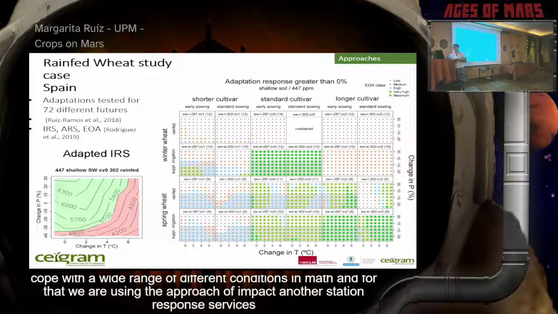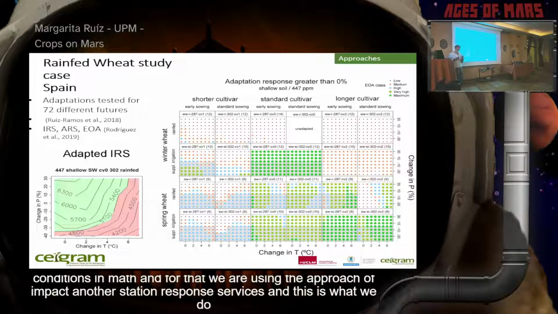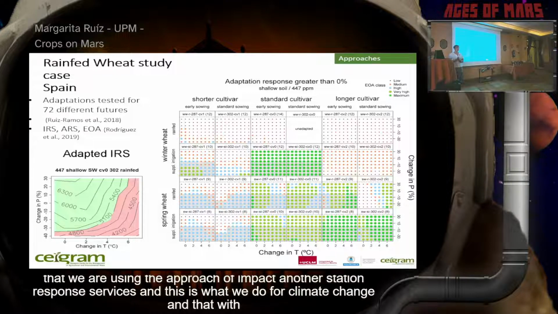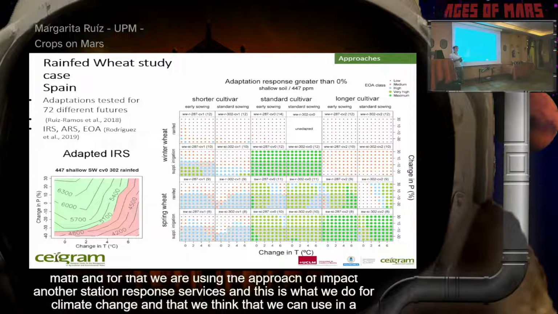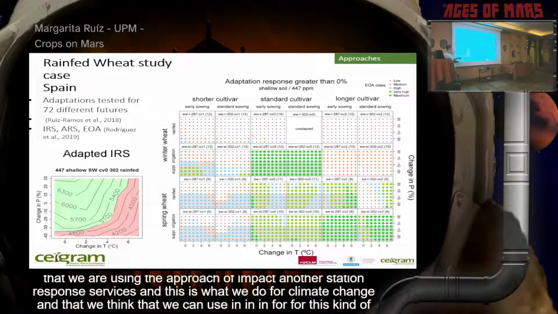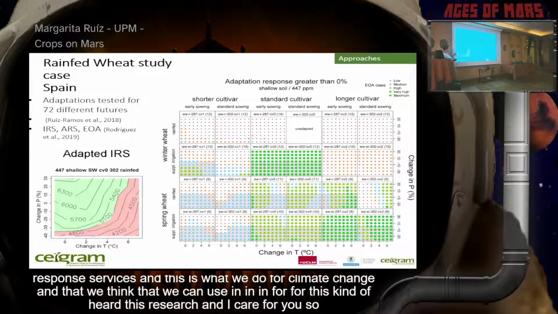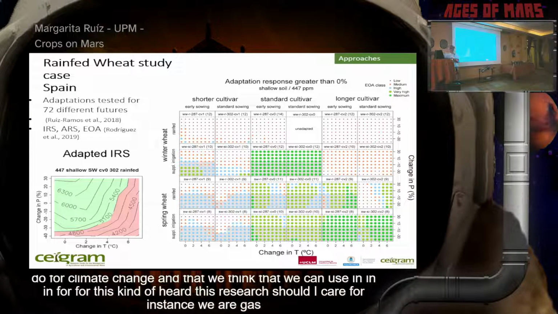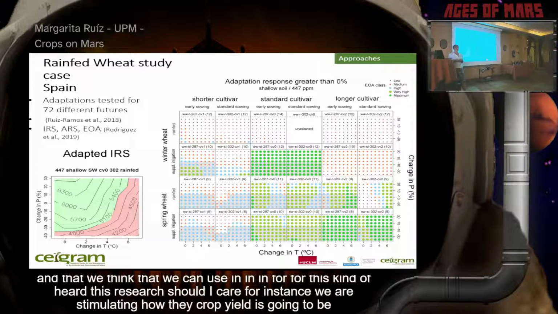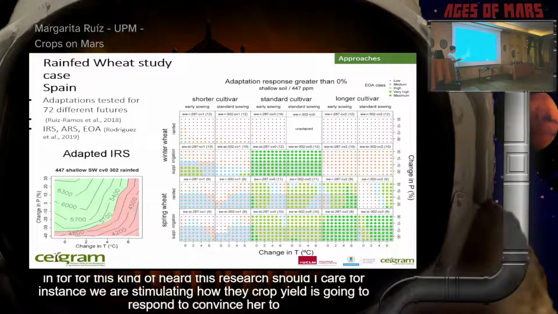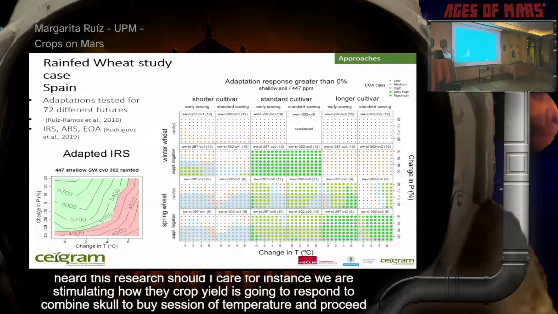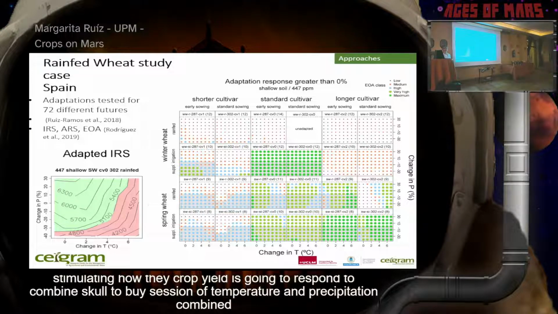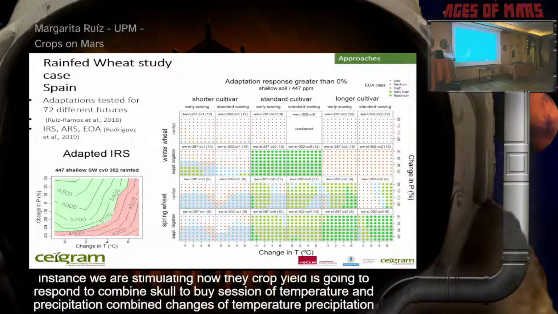This is what we do for climate change, and we think that we can use it for this research line. Here, for instance, we are simulating how the crop yield is going to respond to combined changes of temperature and precipitation, and then we build the isolines.